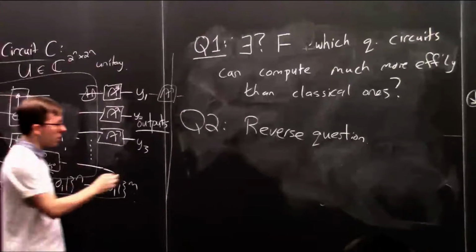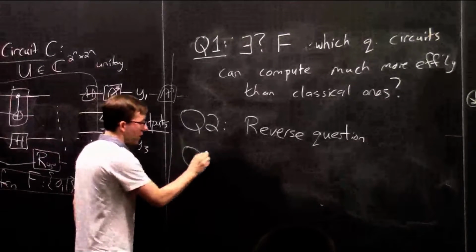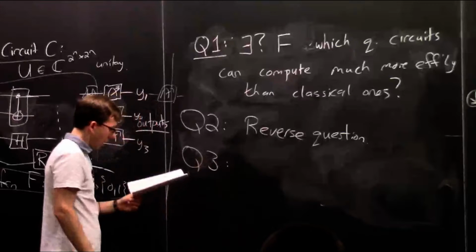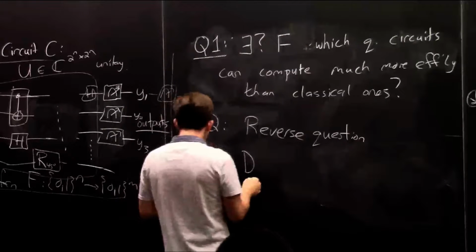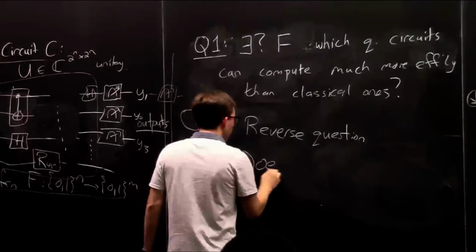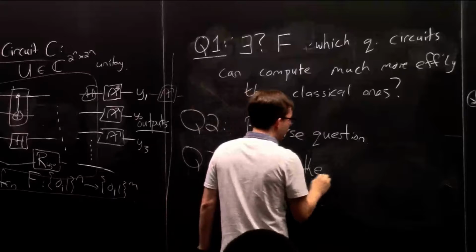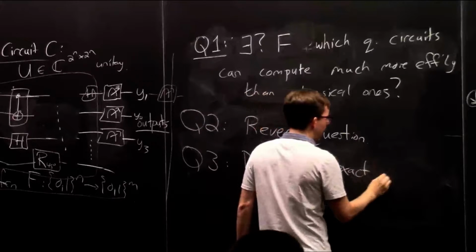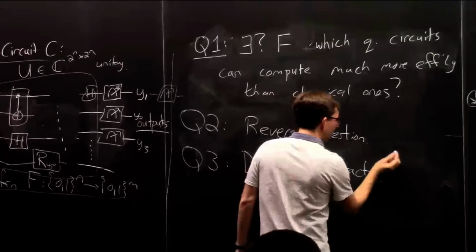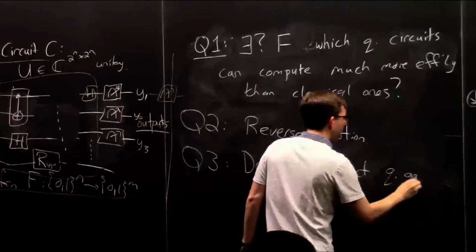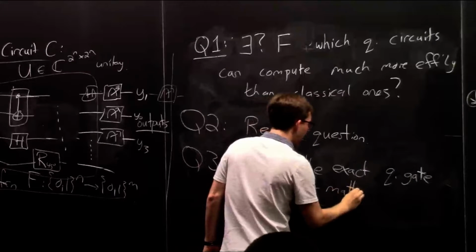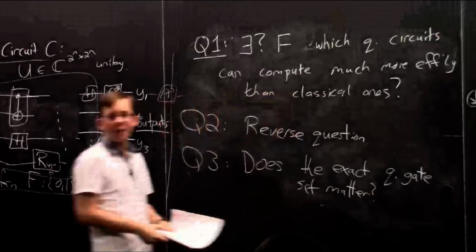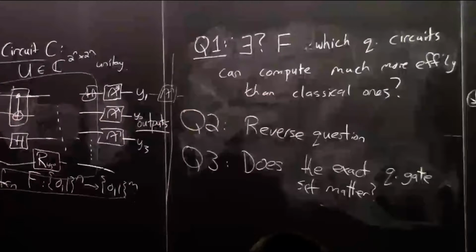And then what we're also going to talk about somewhat soon, probably next lecture, is an important problem, a bit of a side problem, but it's important to think about: does the exact quantum gate set matter? For example, in classical computing, electrical engineering, I assume you get the 2-input AND gate, the 2-input OR gate, and the NOT gate.